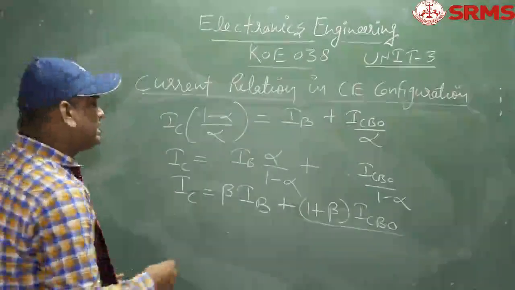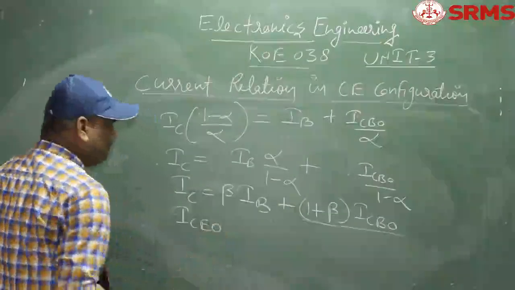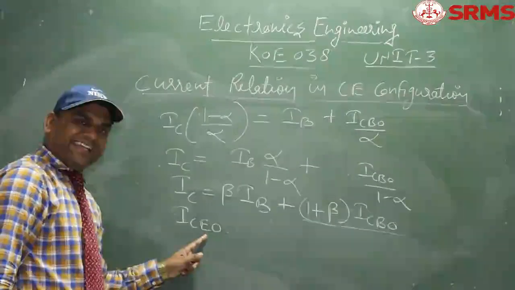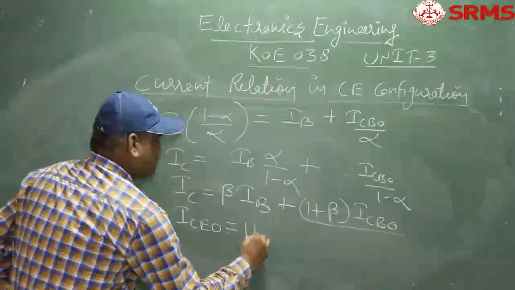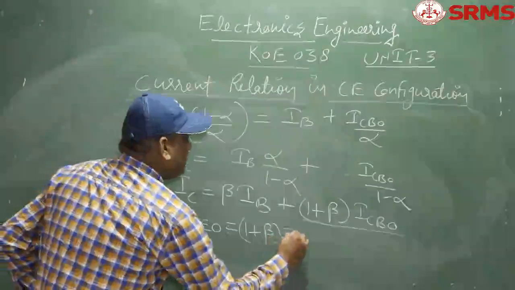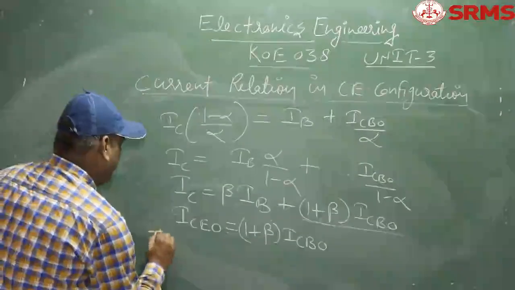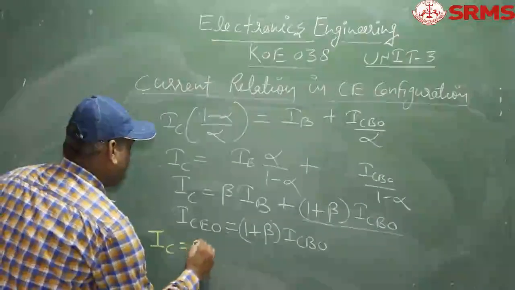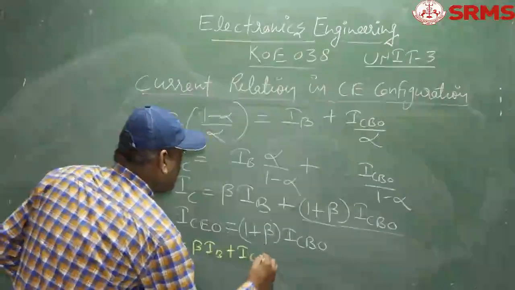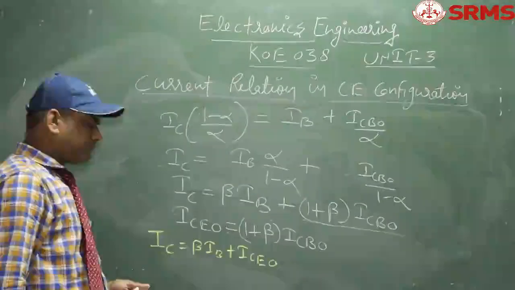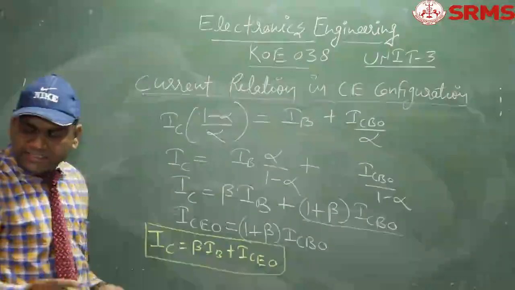And that is known as the reverse leakage current. For the common emitter configuration, this current can also be represented as ICEO, the collector to emitter leakage current when input is open. ICEO is equal to (1 plus beta) times ICBO. That means IC is equal to beta times IB plus ICEO. So this is the collector current for the common emitter configuration.